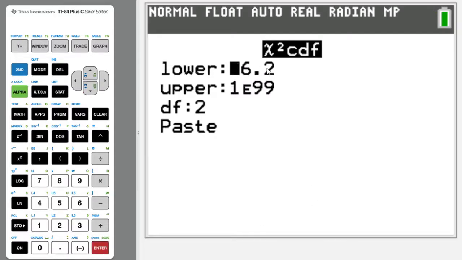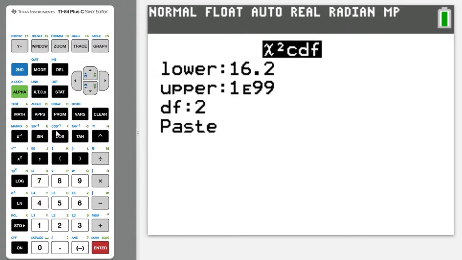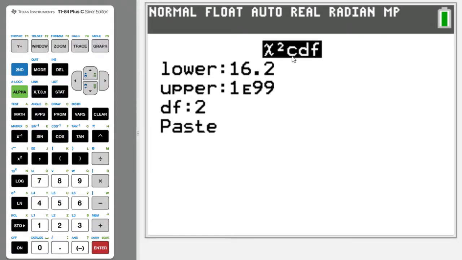The version of the TI-84 calculator I'm using here is relatively recent. After calling the chi-square CDF command, you will see a menu like this printed on your home screen.